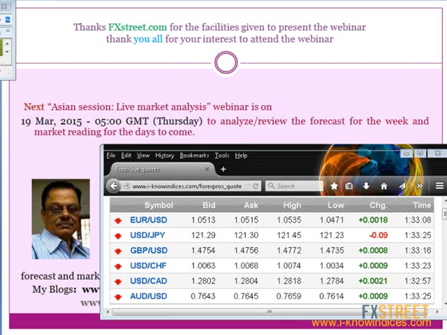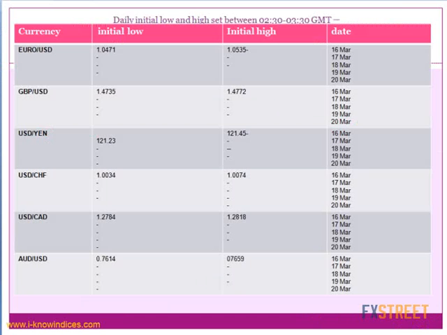And then they will rise, and you can book profit. But if they are near the high between 8 and 8:30 and do not breach the high in this 30 minutes, take a sell. Then towards the close, they will be able to make a slide, and you will be able to book profit.